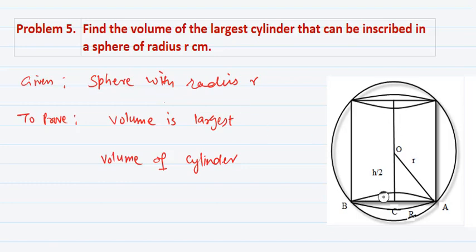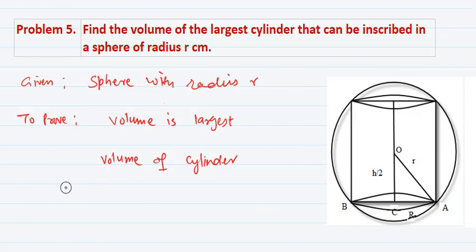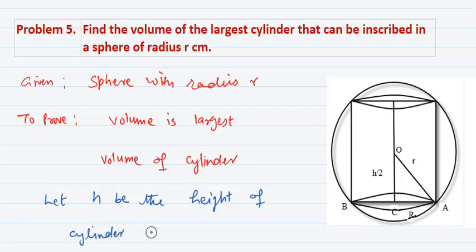So here is the figure which shows that a cylinder is inscribed in a sphere. So let us consider some of the dimensions. Let h be the height of the cylinder and R, we are taking capital R, is the base radius.